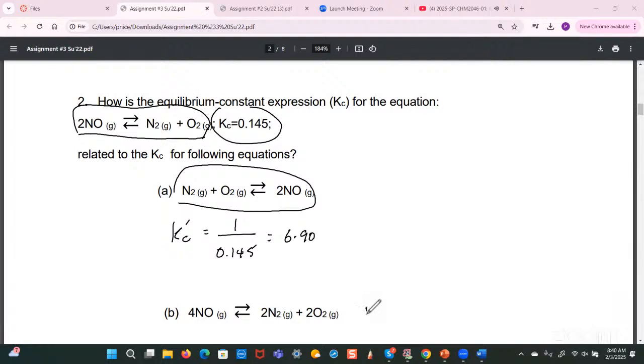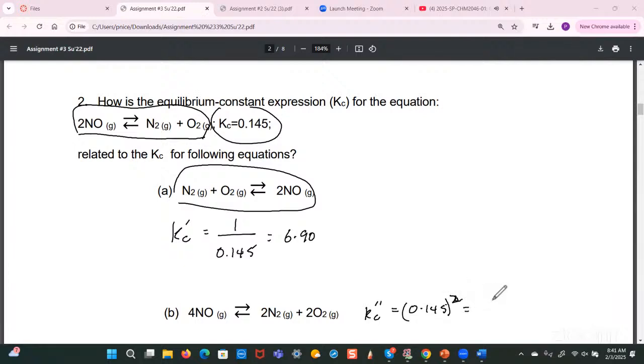I'm going to call this Kc double prime. Now, let's compare this equation to the first one. What do you notice? Everything is double. All the coefficients are double. So what does that mean for the Kc double prime? Square. Exactly. So 0.145 squared.